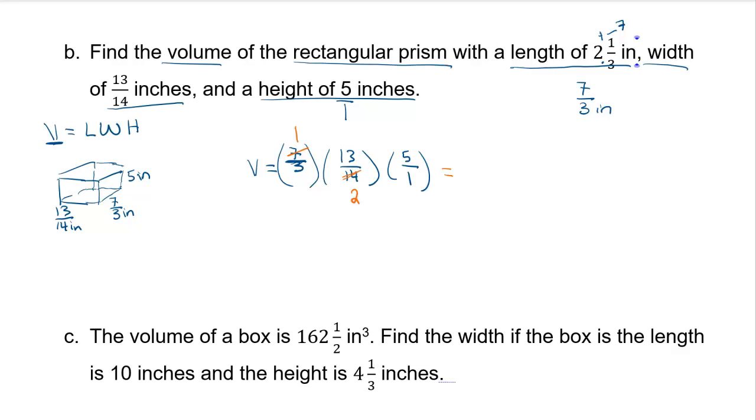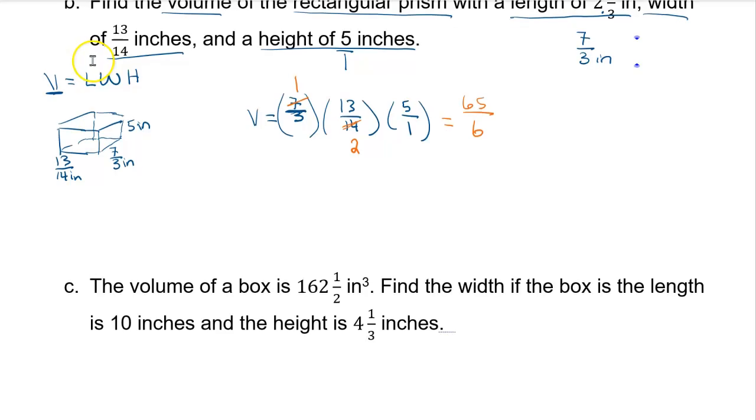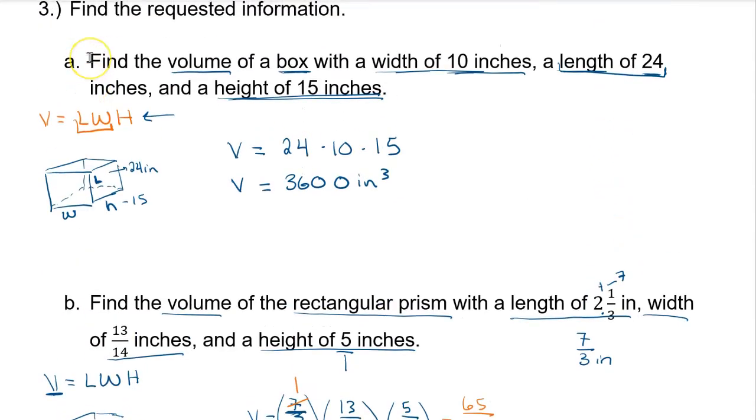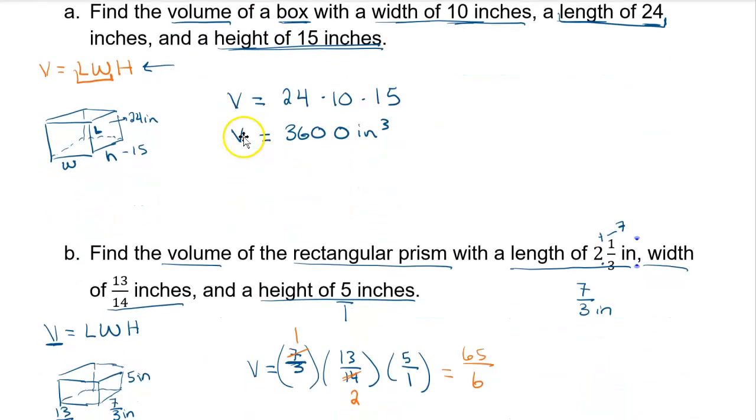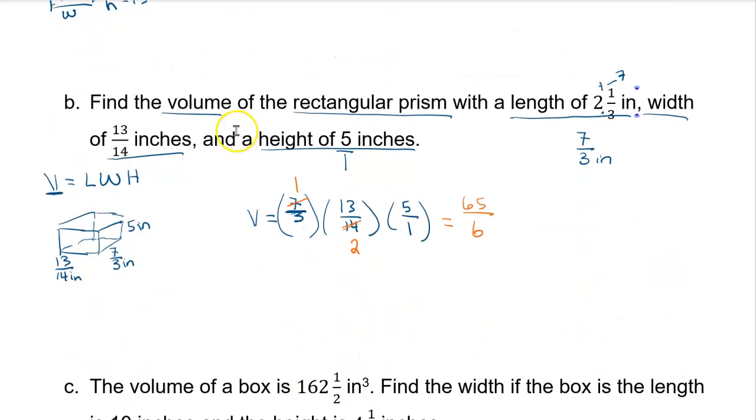So I get 13 times 5, which is 65, over 3 times 2, which is 6. There's no indication of the format of the answer, I don't think. I'm going to double check that though, because it's always really good. So it just says find the requested information. It doesn't say that your answer has to be a mixed number versus an improper fraction. So you can just leave your answer like this.